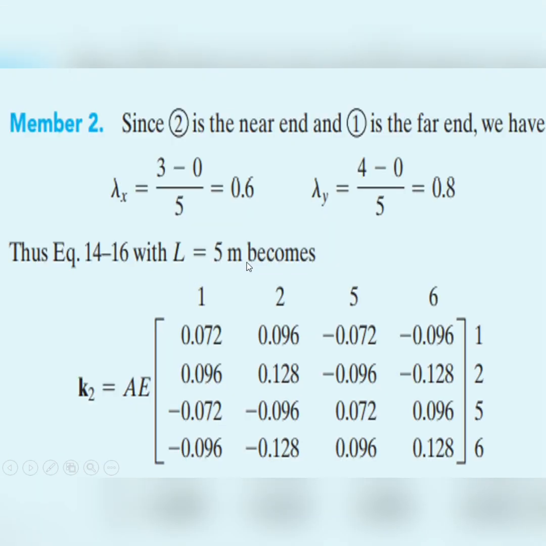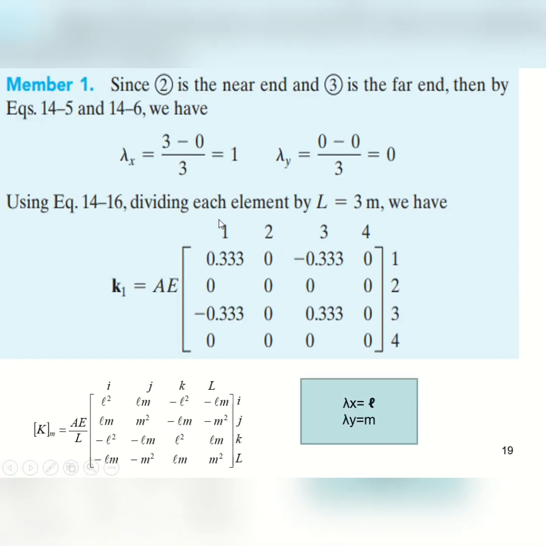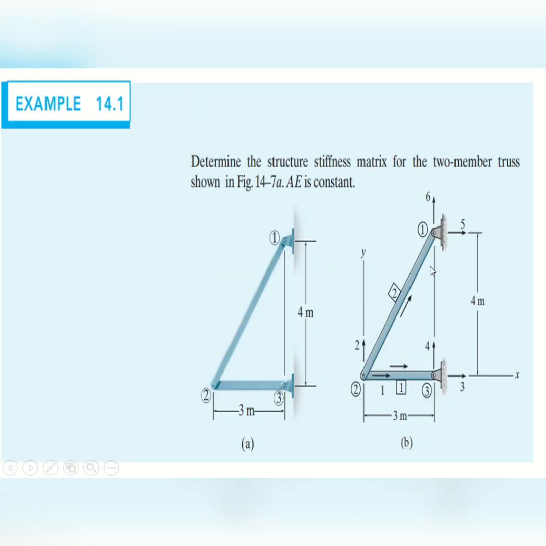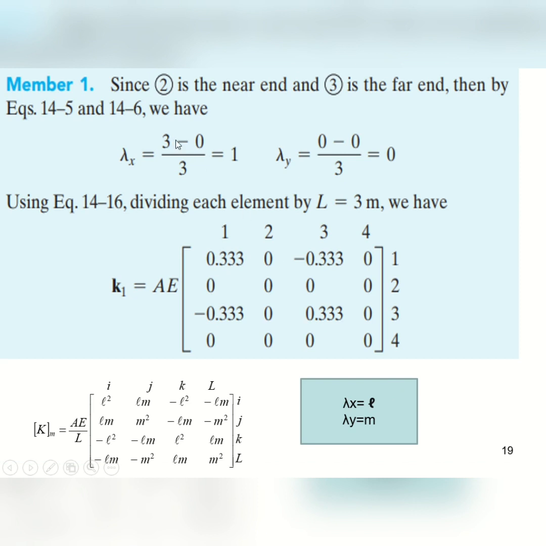Now member 2, where l is again x2 minus x1. For member 2, x2 is 3 and x1 is 0, so 3 minus 0.